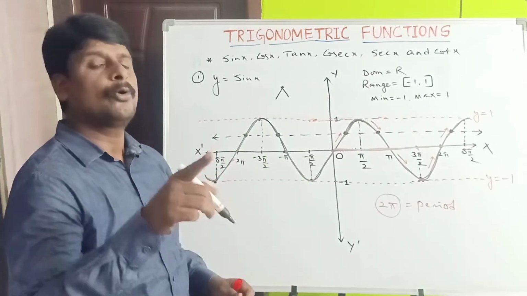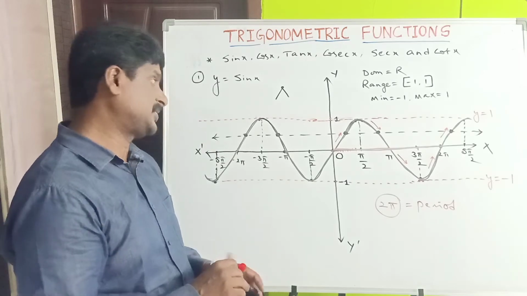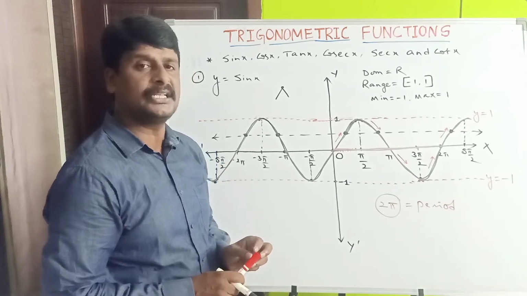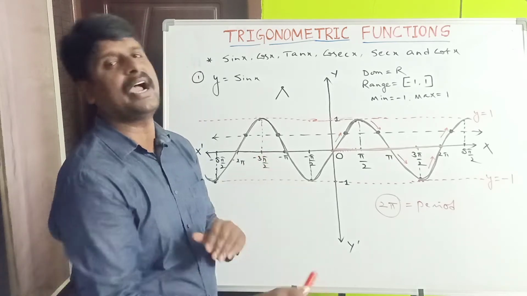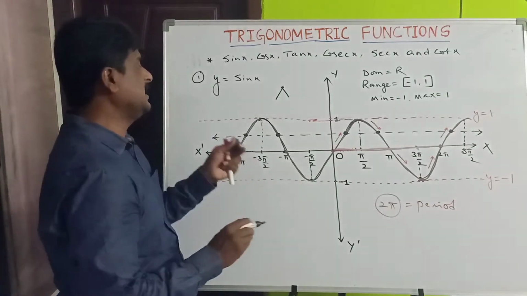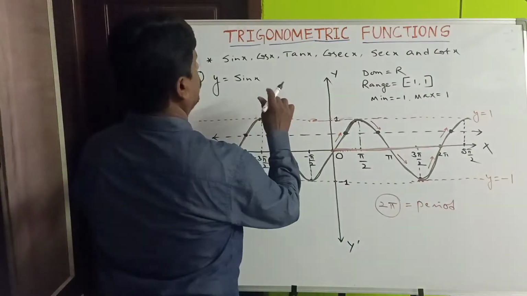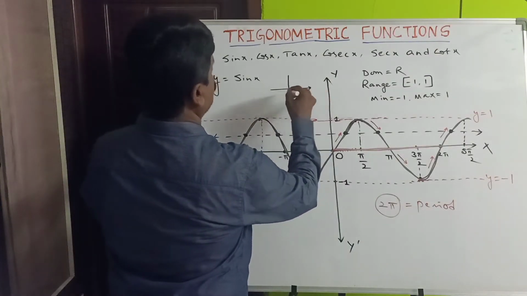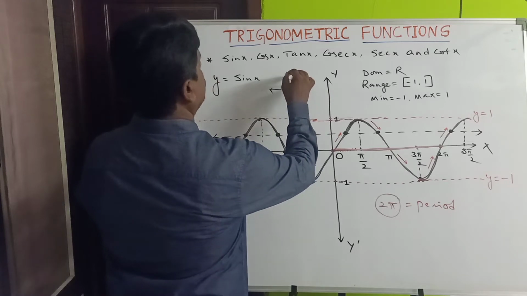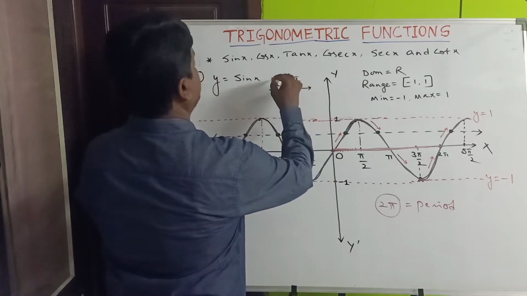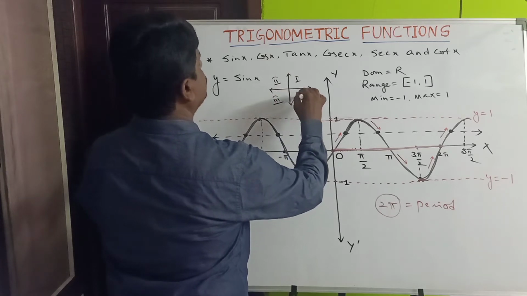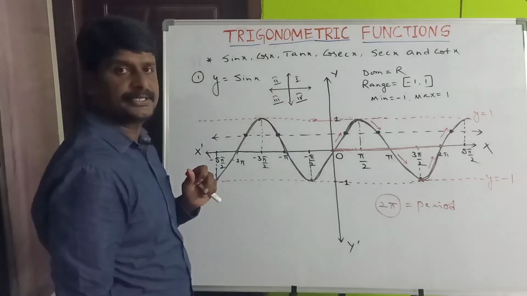neither increasing nor decreasing. But while talking about increasing, decreasing nature quadrant-wise, this is the coordinate system. This is the first quadrant, second quadrant, third quadrant, and fourth quadrant.